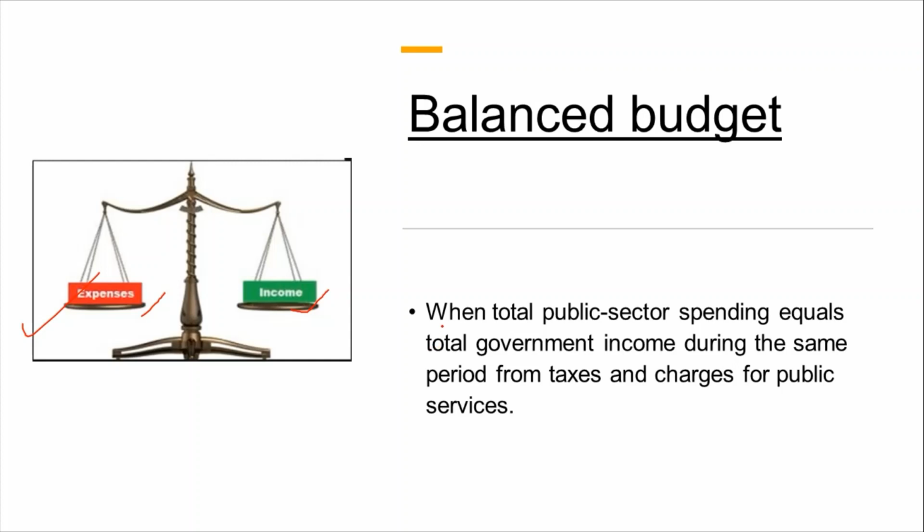Now, talking about the government, because of course we are looking at a larger picture over here. When the total public sector spendings, the spending that the government is doing in construction of maybe roads or highways or in providing public transportation, these are all public sector spending that the government makes. So, when these spendings, which are basically expenditure for the government, are equal to the income, that's balanced. The government is making expenses on the public.